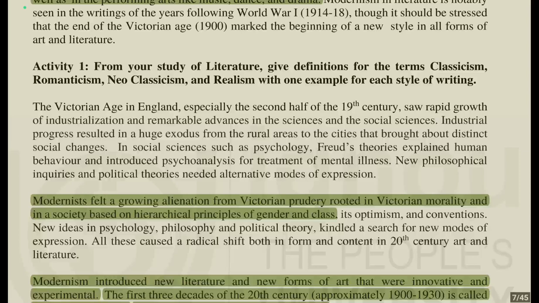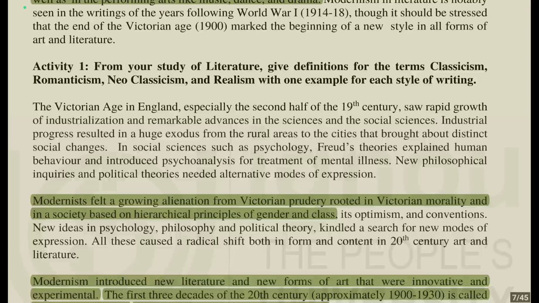So the Victorian age in England, especially the second half of the 19th century, that is the 1850s. When we're talking about the 19th century, we mean the 1800s. So the Victorian age in England saw rapid growth of industrialization and remarkable advances in the sciences and the social sciences. So during the Victorian era, there was a very fast growth in industries, in science and social science as well.